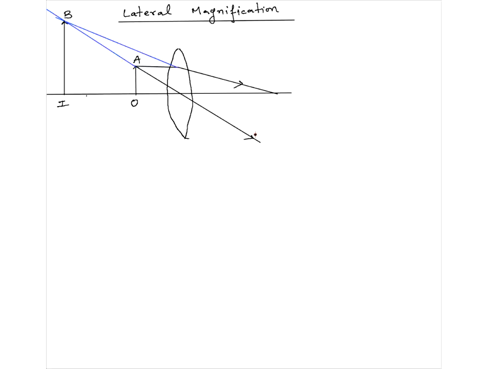Now in this case, two rays are shown and they are enough. They meet here. So you get the image of A at B. For O, you just need a straight ray. That's it, straight.